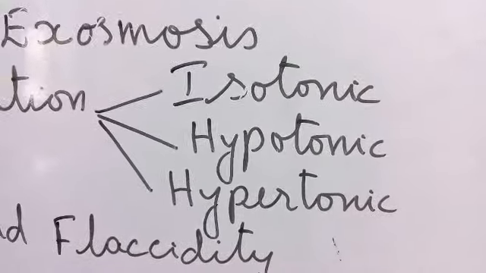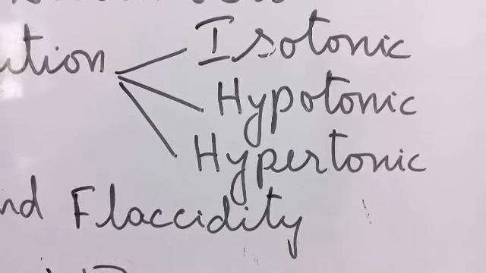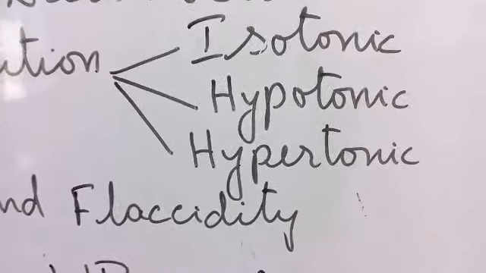Hypertonic, the solvent molecules concentration will be less than the cell content. Hypotonic, the concentration of the solvent is more in the solution compared with the cell content.